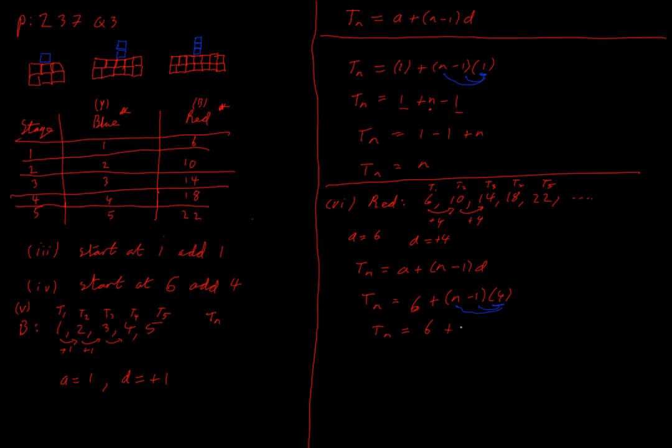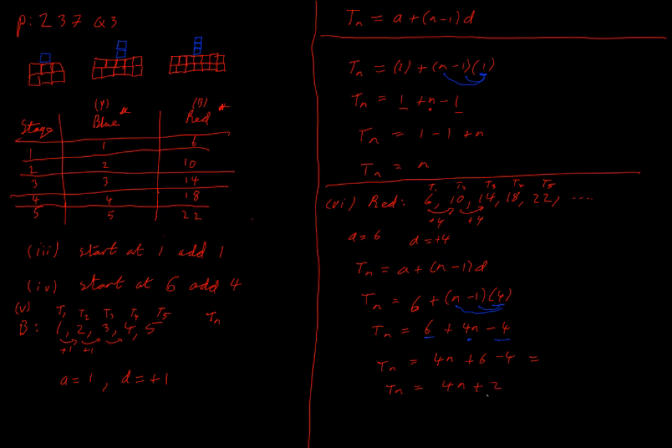So I get plus 4n minus 4. I'm going to group my like terms. I get Tn is equal to 4n plus 6 minus 4, so Tn is equal to 4n plus 2.